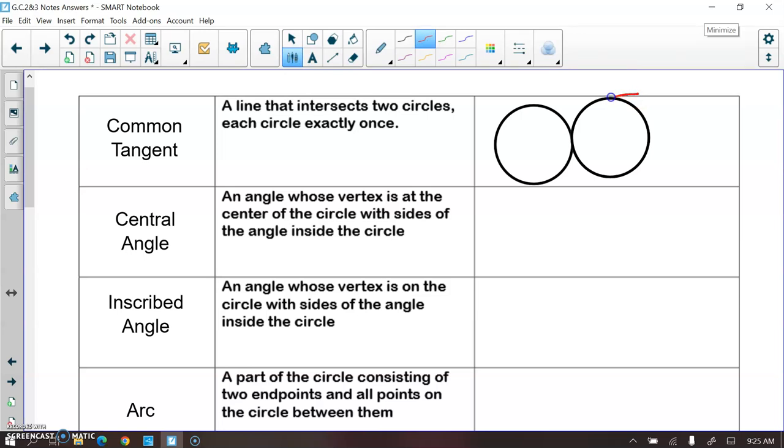There is an external tangent. What an external tangent is, and again, this is a common tangent, is it intersects both circles just at one point, but it's on the outside or the exterior of the whole entire diagram, whereas an internal tangent is in between the two circles.